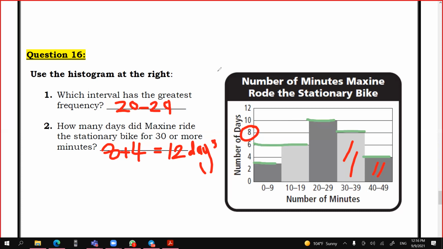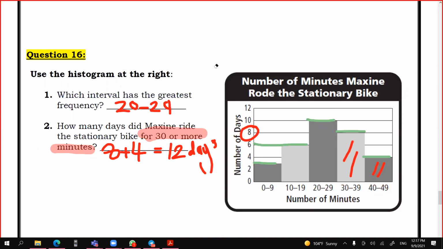Here, they ask me for 30 or more. Where is 30 or more? Here is 30 and more. This is 30 and more. Did you understand it first?